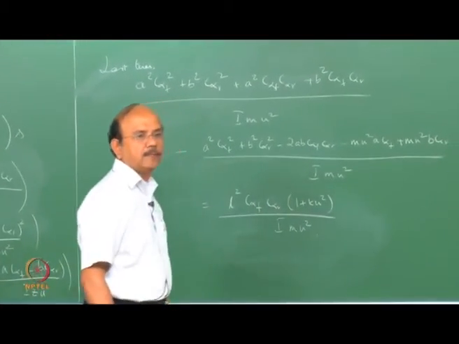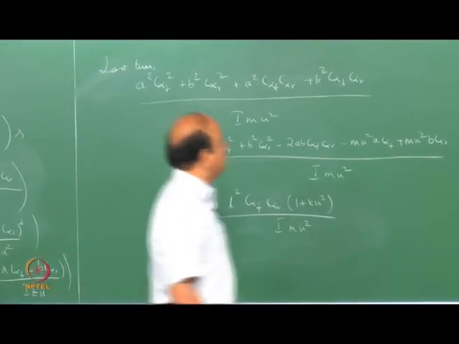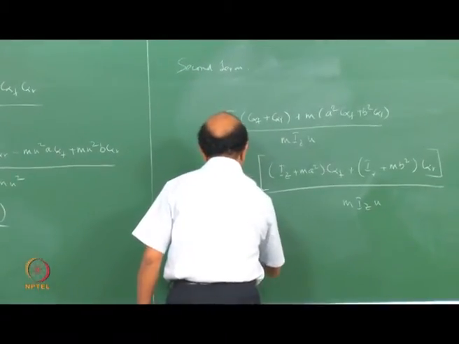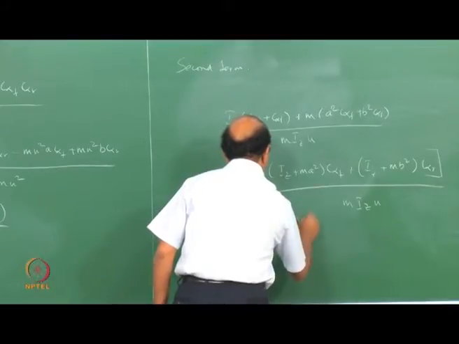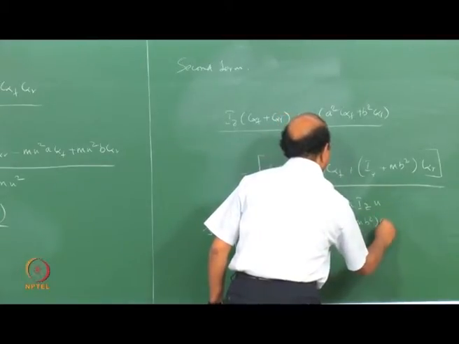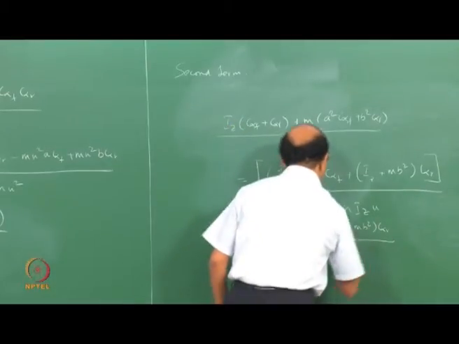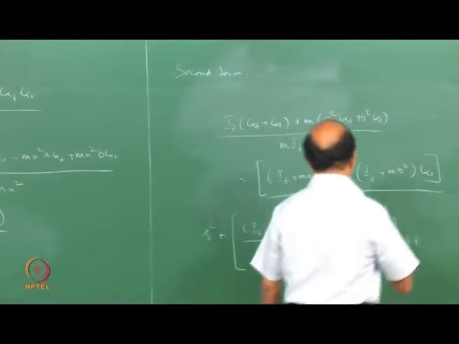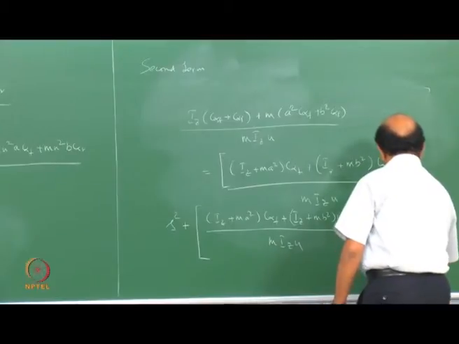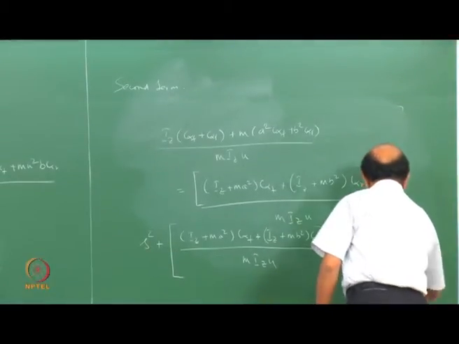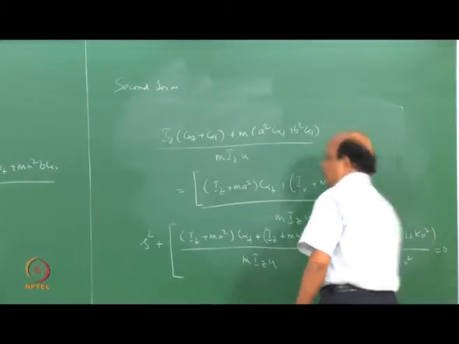So now I'm going to put these two simplified terms into my determinant and write this down as s squared plus this whole term, I z plus m a squared c alpha f plus I z plus m b squared c alpha r, divided by m I z u, times s, plus the last term, L squared c alpha f c alpha r 1 plus k u squared divided by I m u squared, is equal to 0.